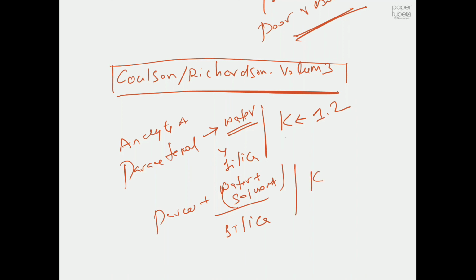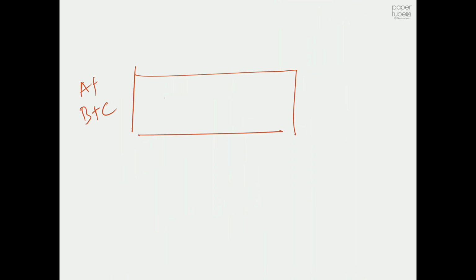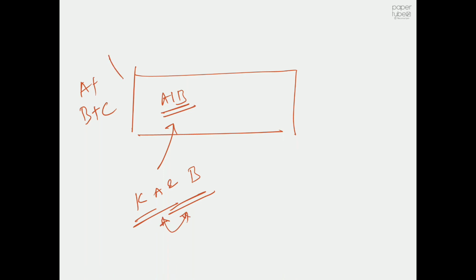So we can adjust. So imagine if we have A plus B plus C, and if we cannot separate A plus B, which means the K value of A and the K value of B must be very close to each other. So in that case, we can change the solvent.